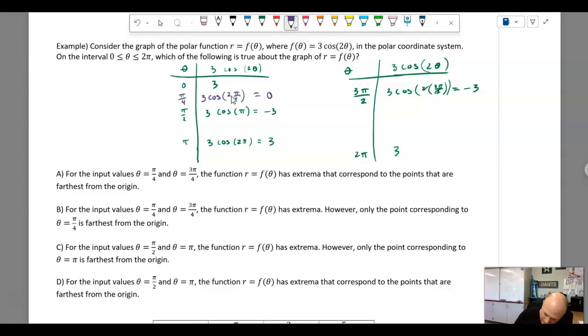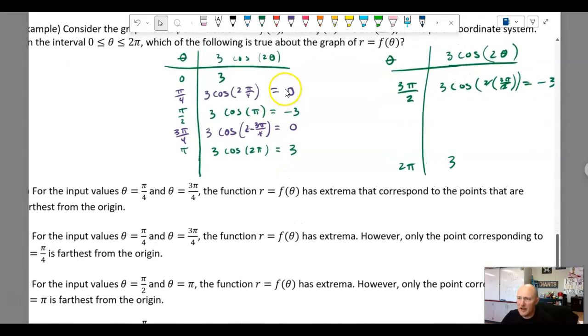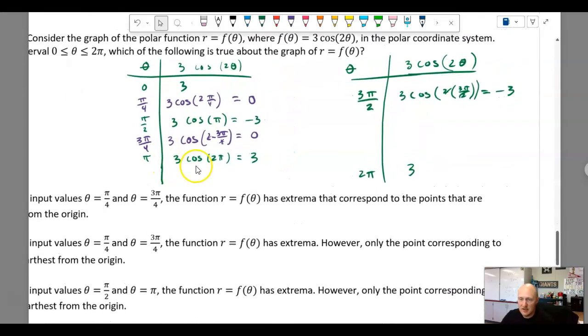And if my thoughts are right here, all of these end up doing that. So we get 2 times 3 pi over 4, which is 3 pi halves, which is 0. So all these pi fourths angles are going to end up giving us 0. We can do the same thing here, but again, that would give us 0.